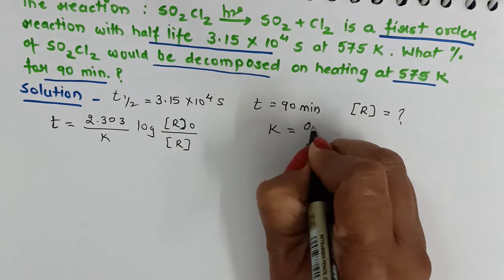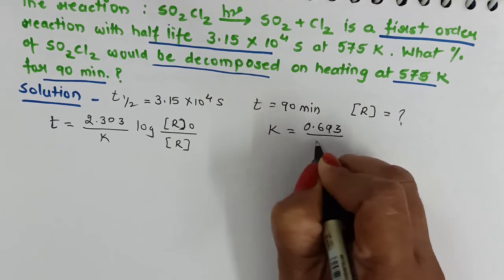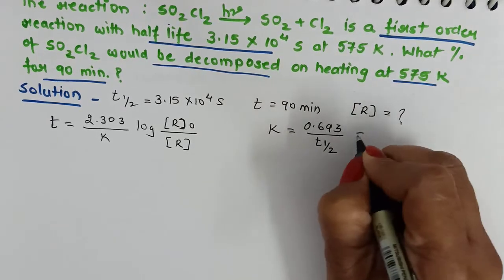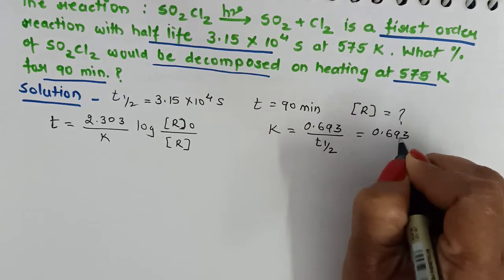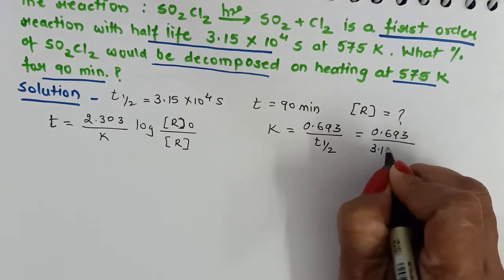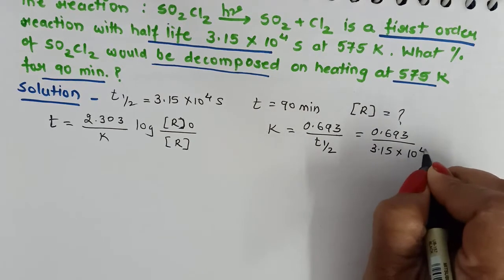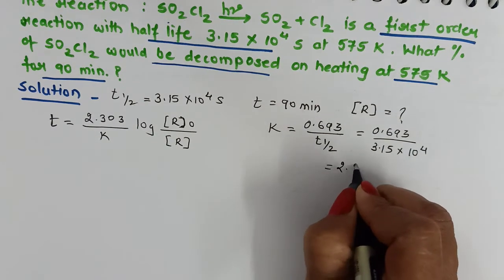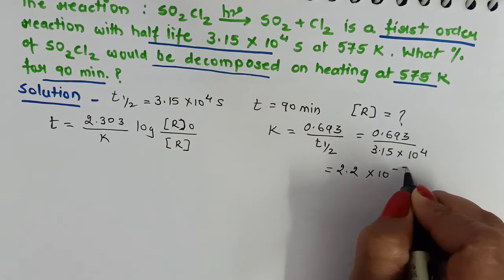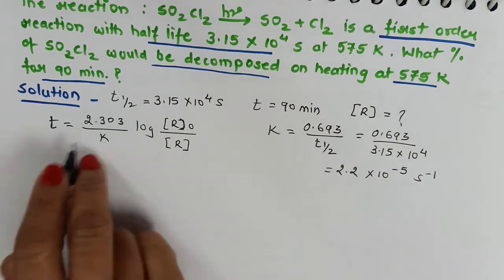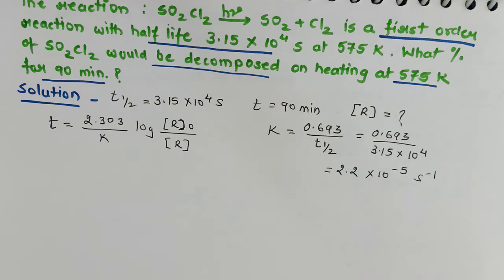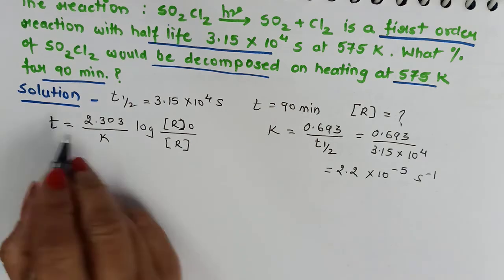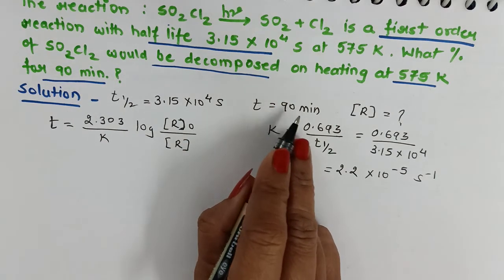K equals 0.693 upon T half. That is equal to 0.693 upon 3.15 into 10 to power 4. On solving this, we'll get the answer 2.2 into 10 to power minus 5 per second. Now that value we can use over here. T is given 90 minutes, but it is in minutes.